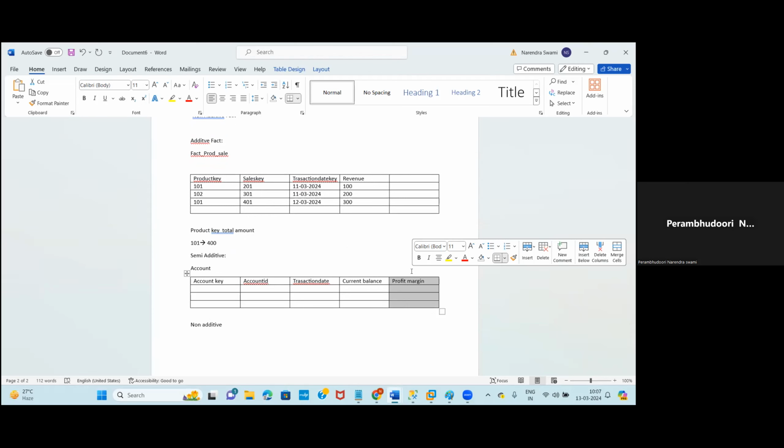To derive something from the table using only one column is called non-additive. So this is the use of non-additive, semi-additive, and additive. Any questions here in additive, semi-additive, and non-additive? Any questions is fine.